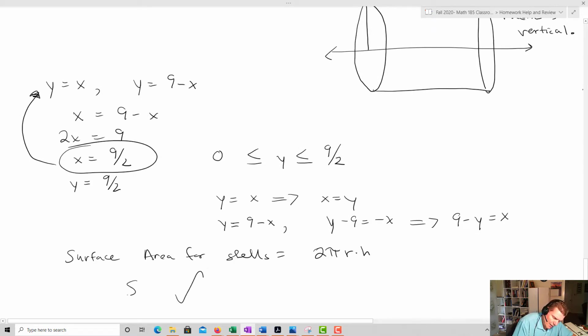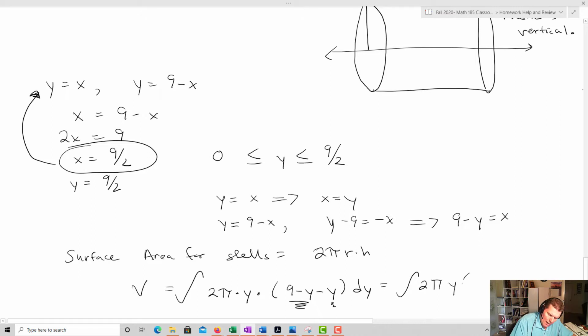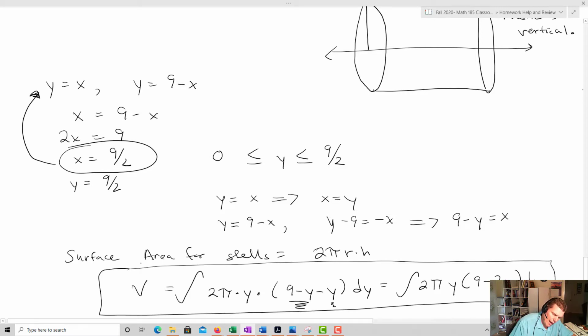So we're now going to find that my volume is going to equal 2 pi times y times 9 minus y dy, because this is the top function and here's the bottom function. So this ends up equaling the integral of 2 pi y times 9 minus 2y dy. And that ends up being our function. Just to add in our bounds, we have 0 to 9 over 2, and there we are.